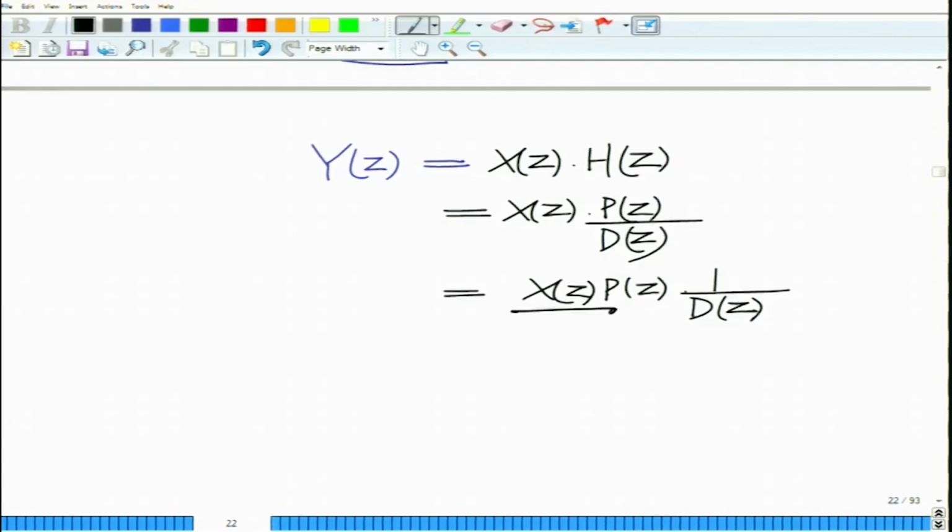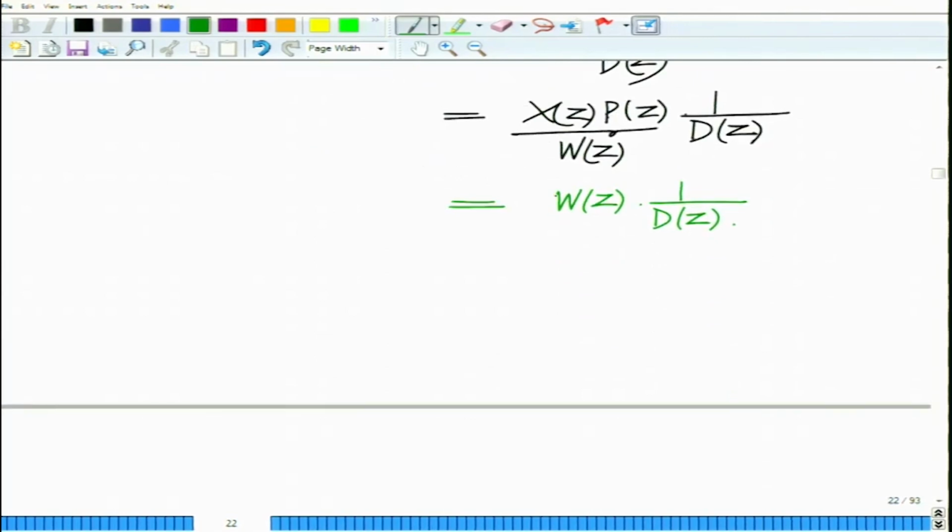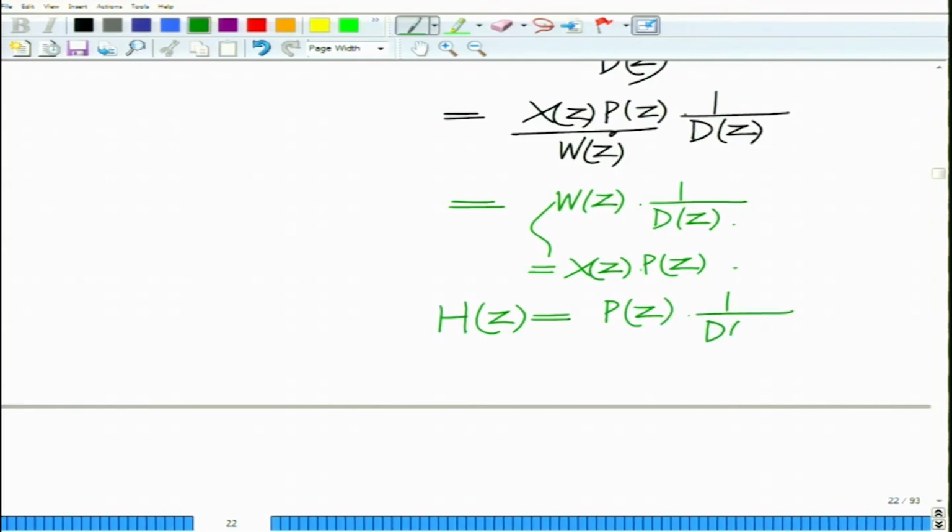I can call X(z) into P(z) as W(z). So, I can write Y(z) is equal to W(z) into 1 over D(z), where W(z) equals X(z) into P(z). So, this is a cascade of two systems, that is P(z) into 1 over D(z). So, H is the cascade of these two systems.